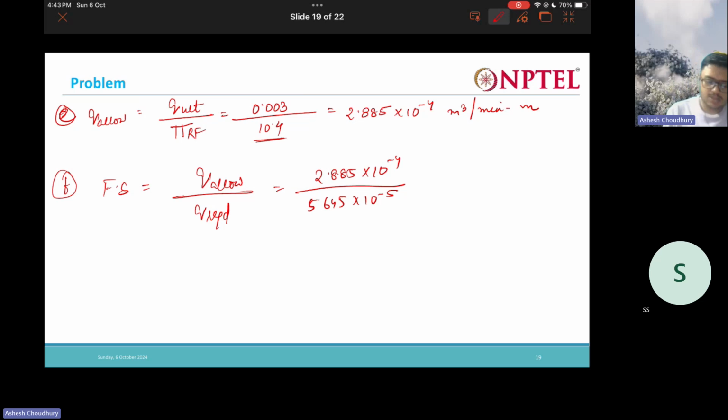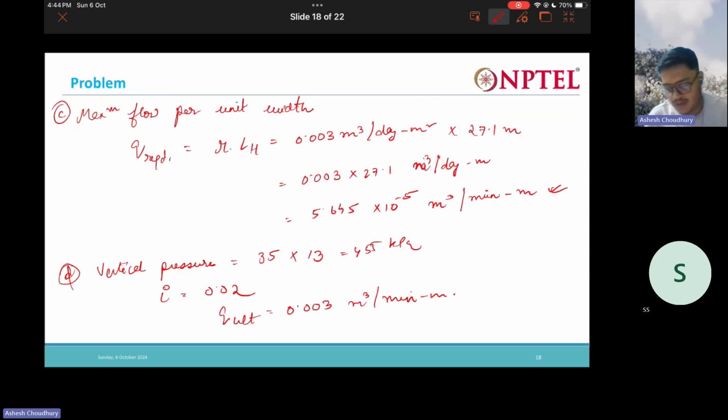So obviously you can see that the factor of safety is quite high, so it is acceptable. So we can use this particular geotextile for the required purpose, for this leachate collection purpose.